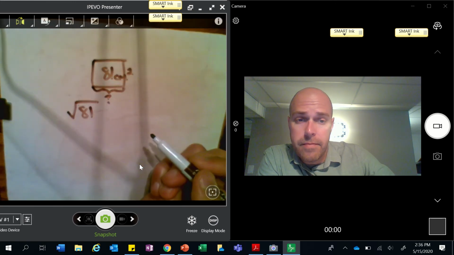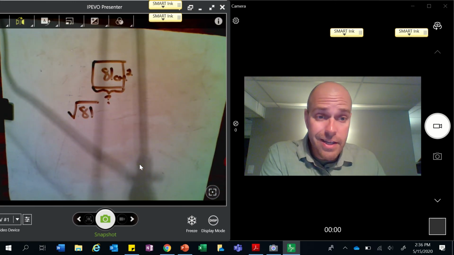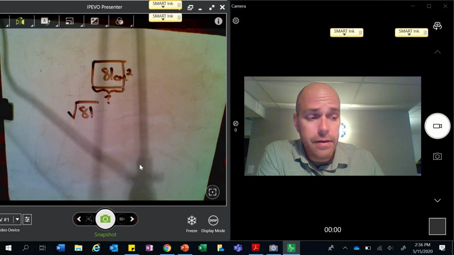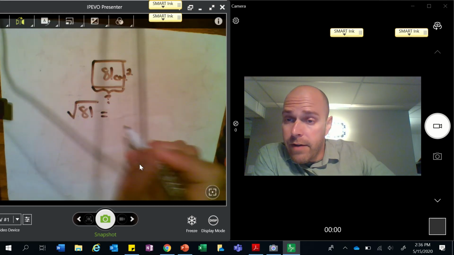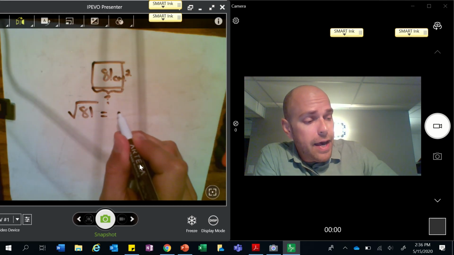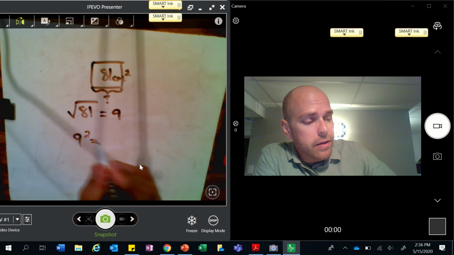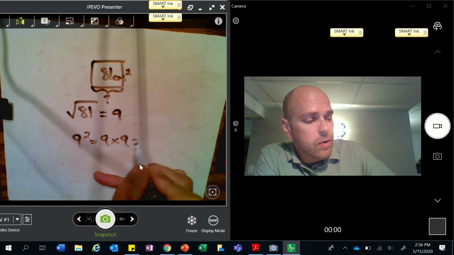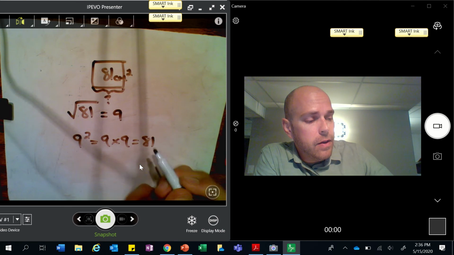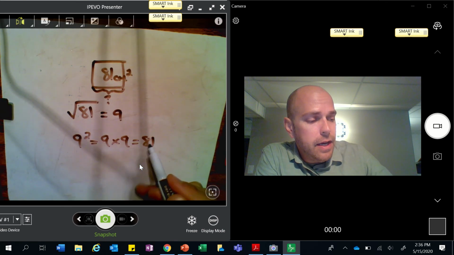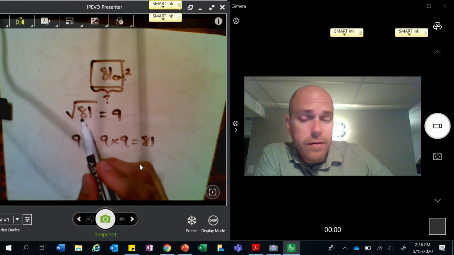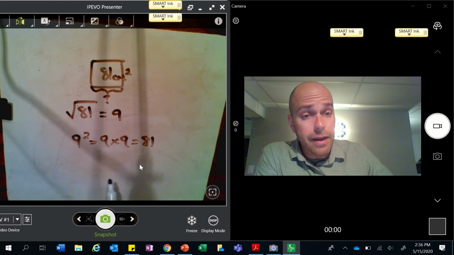So basically I have to figure out what times itself equals 81. Well, you probably already have it in your mind. The square root of that is 9, because I know 9 squared equals 9 times 9 equals 81. So if 9 squared is 81, then the square root of 81 is 9.